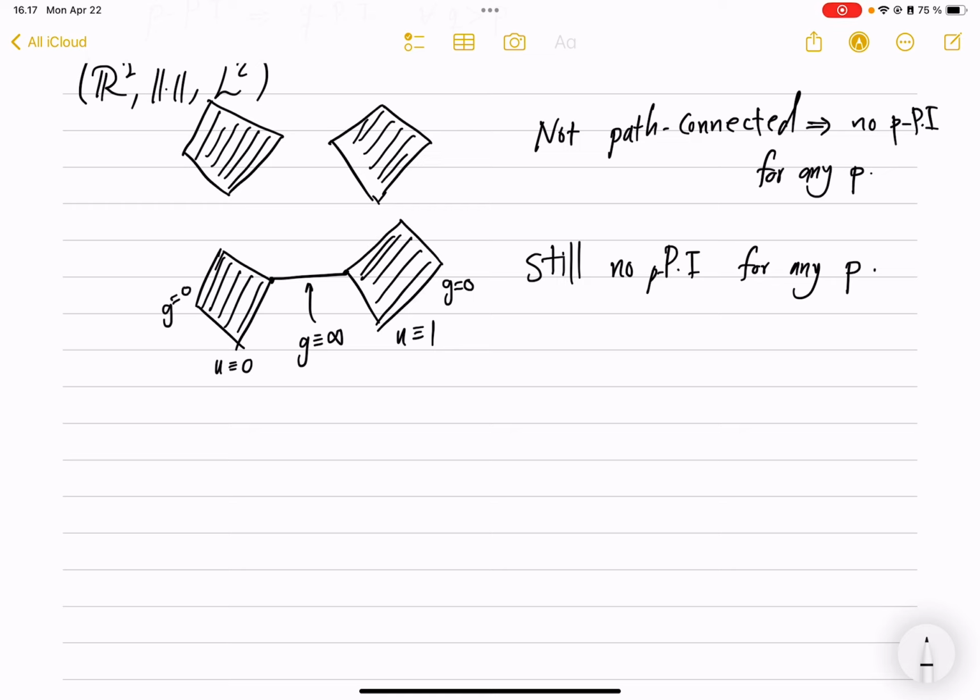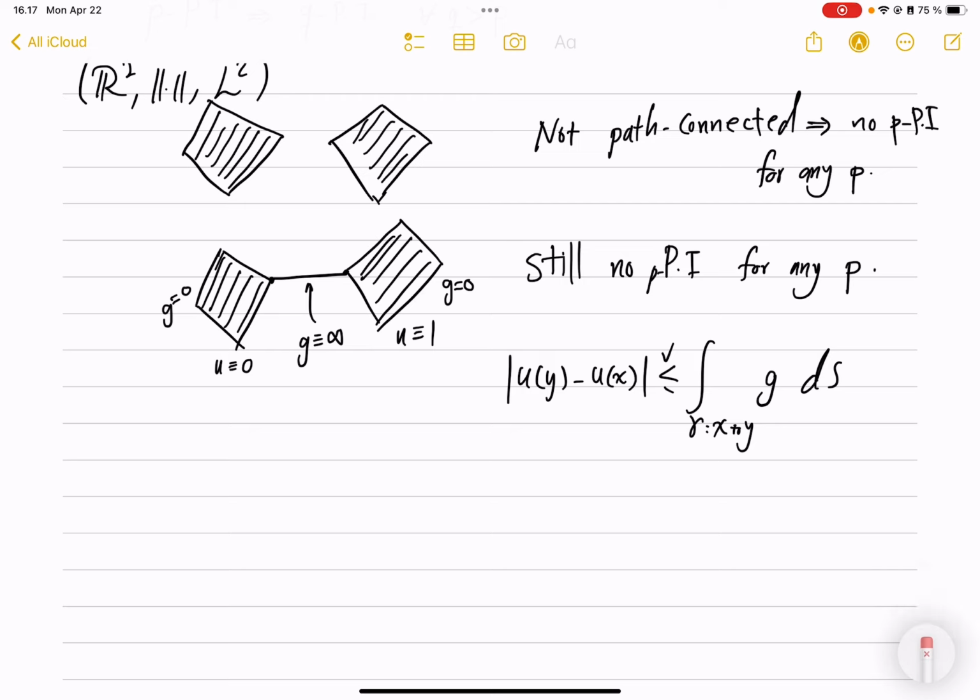If we test the upper gradient inequality, we see that this will always hold for any path joining x to y, because if they are on the same side, this is 0 and we don't even need to check. And if they are on opposite sides, this inequality becomes infinity, and again it holds.